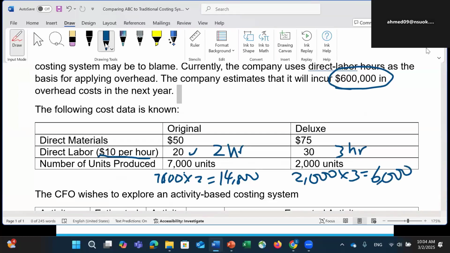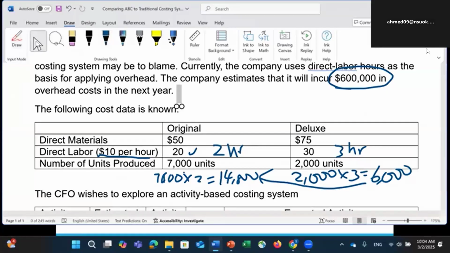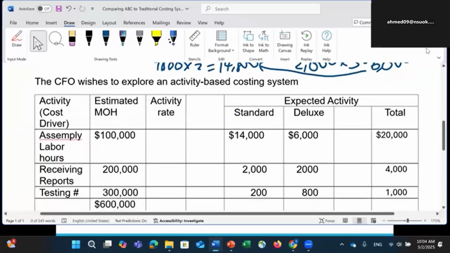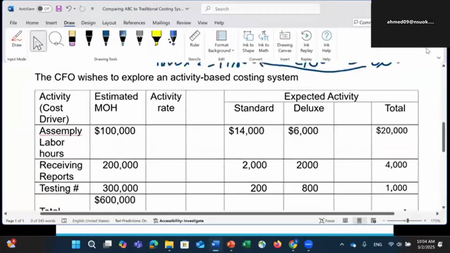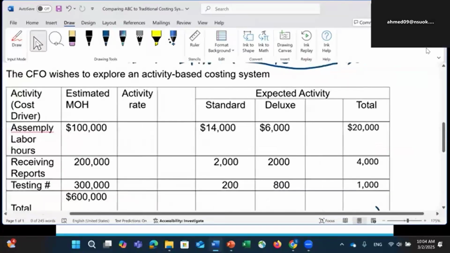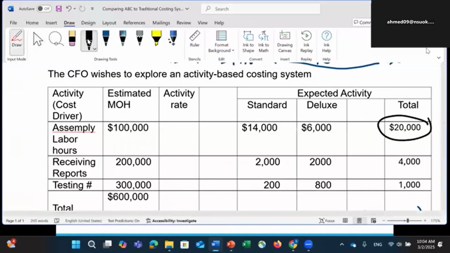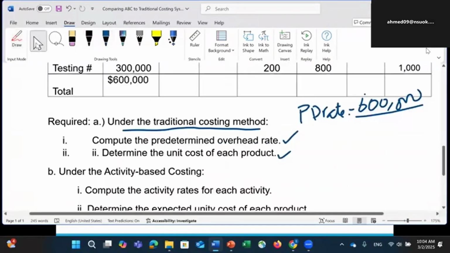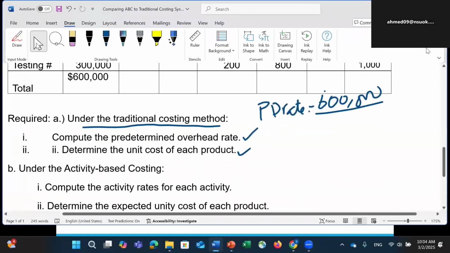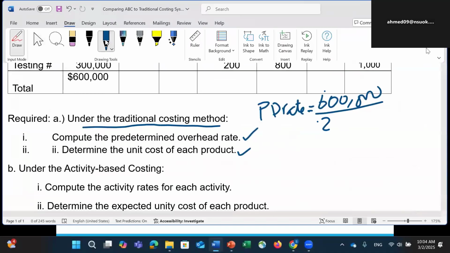If you add these two together, it gives me 20,000, which is the case right here. So when we are calculating the predetermined rate, you just have to divide by the 20,000 right here.